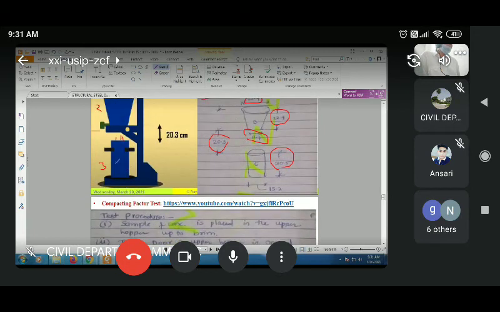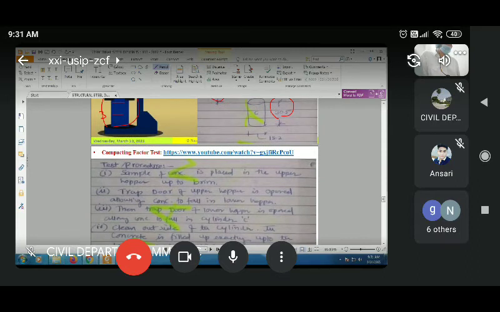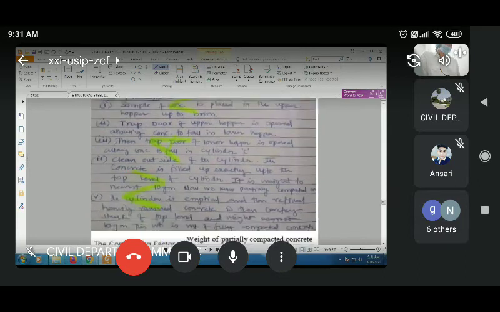Then the cylinder is emptied and filled again with the concrete in 3 layers, each compacted with 25 blows, and the weight of the fully compacted cylinder is also taken. This procedure is explained.